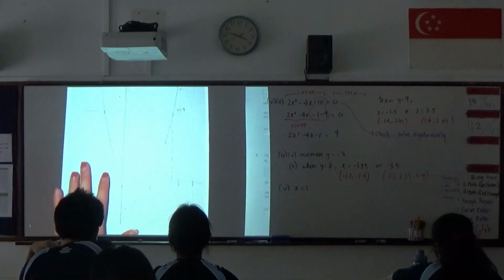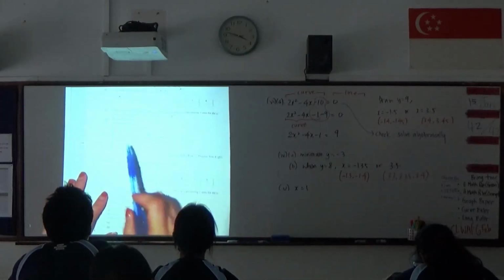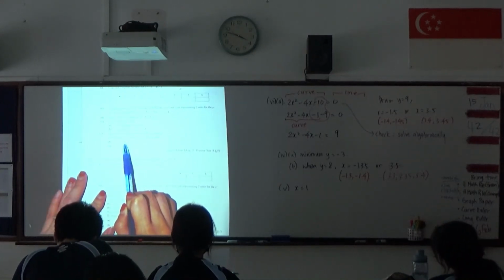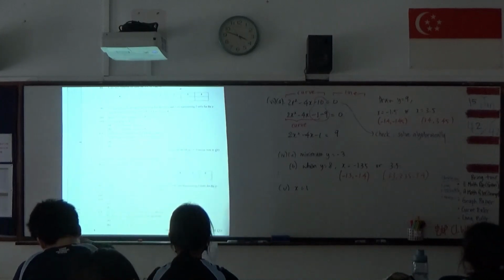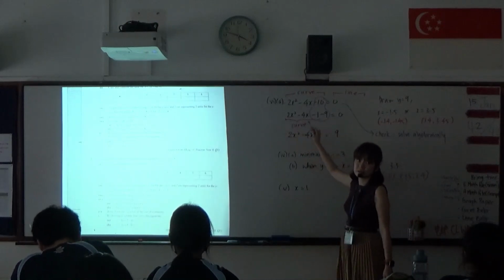Okay? So now, I have to solve a new equation. 2x squared minus 4x minus 10 equals to 0. Such that within this equation, I can actually squeeze out the curve equation which I already have drawn.